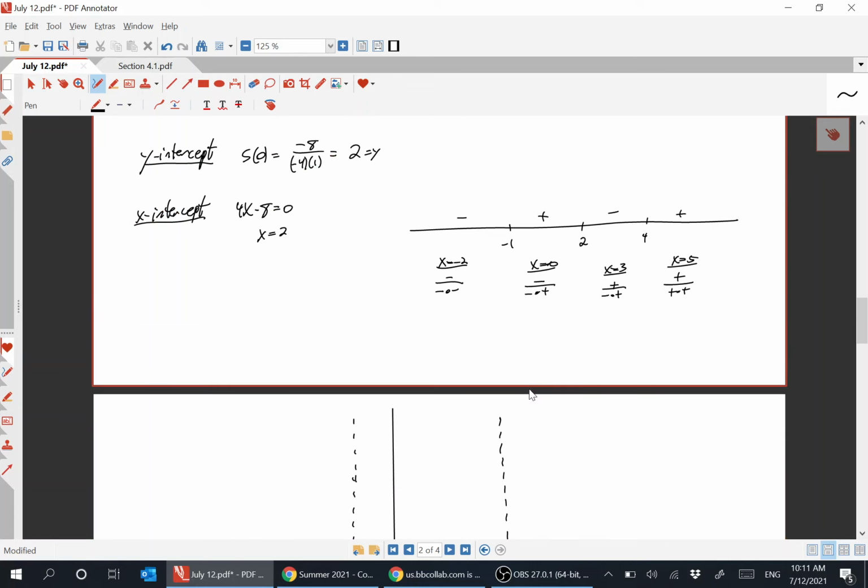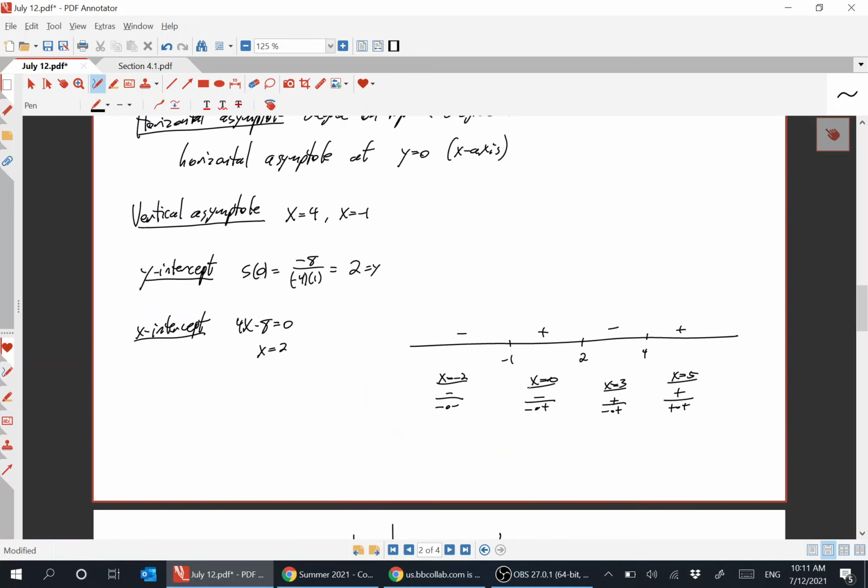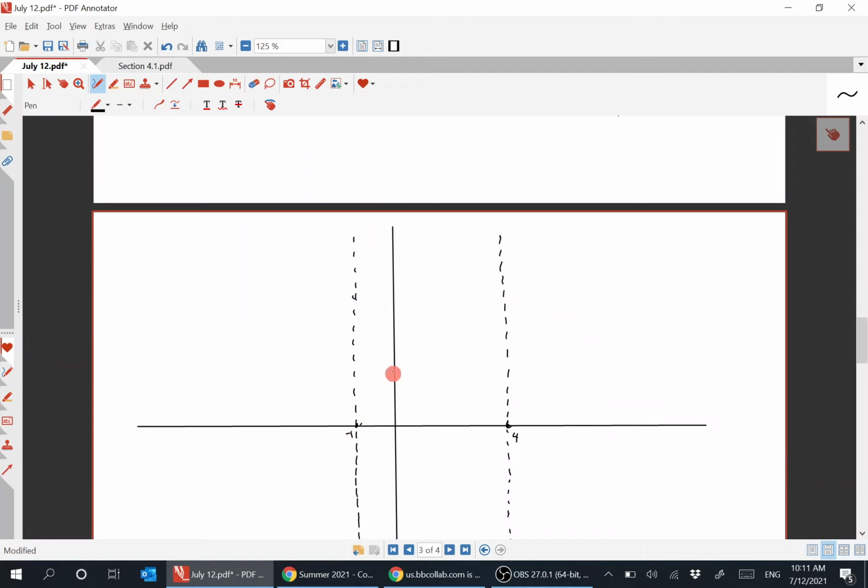And x and y intercepts at 2 and 2. So 2 here, 2 there.